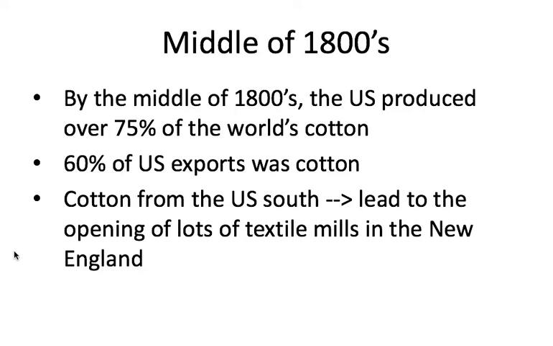And so having the cotton produced here in the US in the South created a lot of textile mills here in New England. Textile mills is just places where you take the raw material, like processed cotton, and then turn it into fabric. So these textile mills would get cotton from the South and turn it into fabric. That fabric would then be turned into clothes.